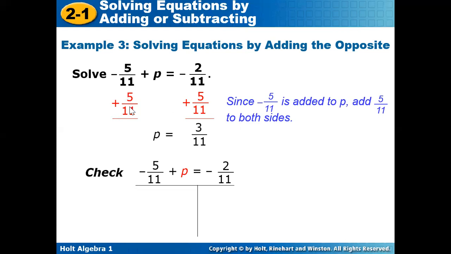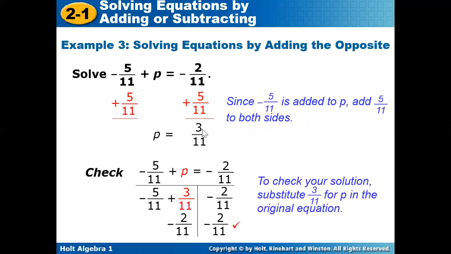A -5/11 plus a positive 5/11 is going to give you a 0, so those cancel out. And then you have 2 plus 5, because it's a -2. When you're adding things with like denominators, you are just working with the numerator. This is a negative here, so -2 plus 5 gives you a +3. And you can plug it in and check your answer.